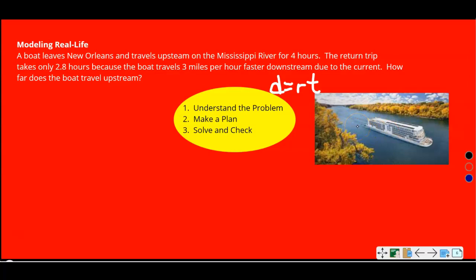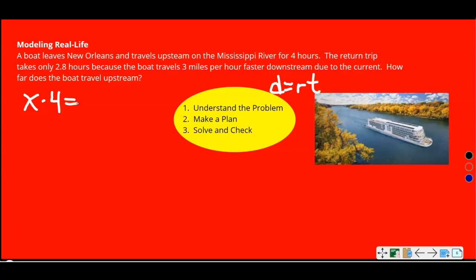So we don't know how far that is, but we do know how long it takes. So we can do x times the time, so x would be the rate. We don't know that yet. Going upstream on the river, it takes 4 hours, so we can say x times 4.